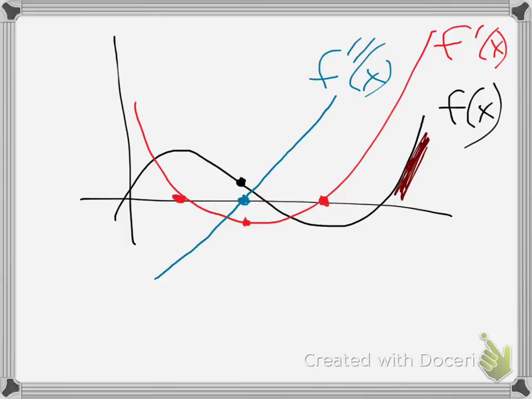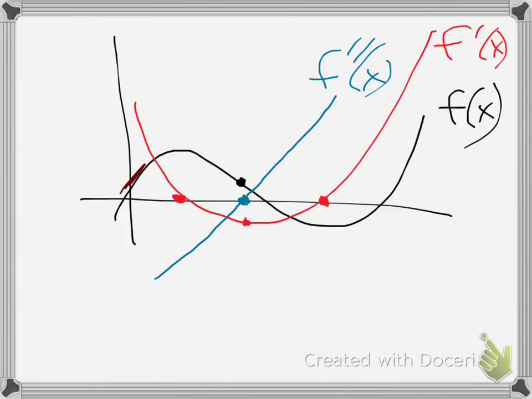Okay, so we'll do another one like that. What if instead I want to get the slope of the function at this point over here? I can see it's also positive. I'm going to draw either up or down to the f prime of x function and then read over to the y value to get the slope value.